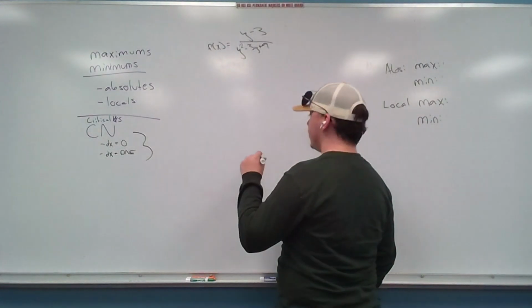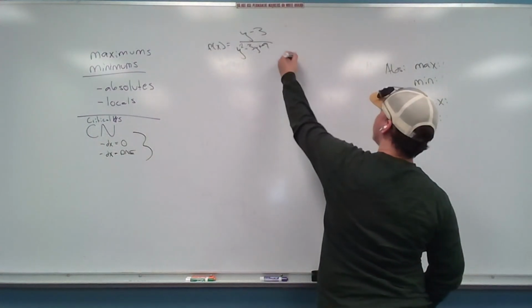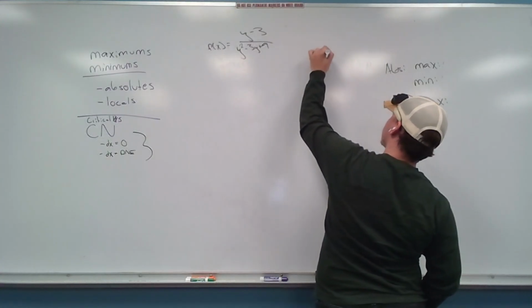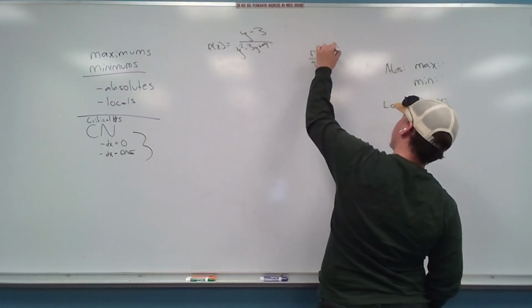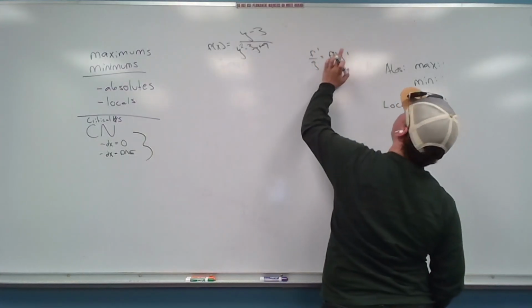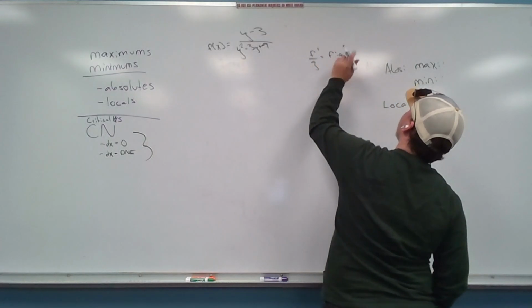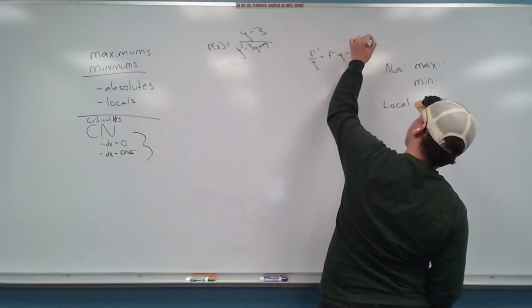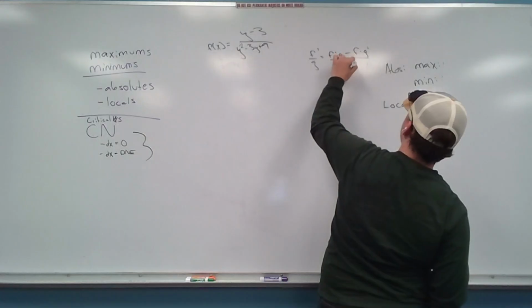So you remember the quotient rule: the derivative of f over g is the derivative of f times g minus f times the derivative of g, all over g squared.